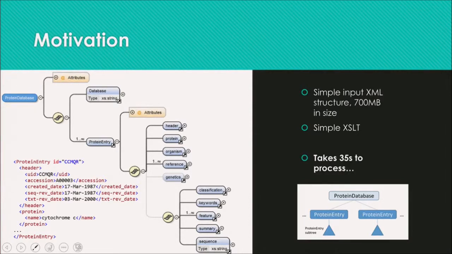And this is very similar with streaming. With streaming, you can't go back, you can't go forward. Well, you can, but you have to do it in small steps, basically. In streaming, you can go up because the processor caches the whole path to the root of the document. So if you're processing one protein entry, you also have all of this available.